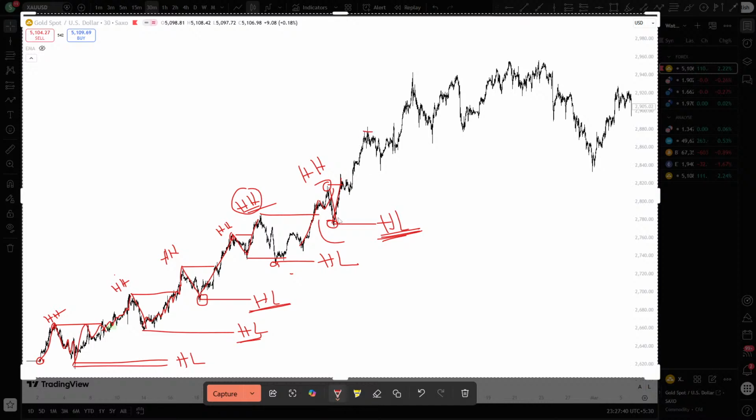The market keeps on pushing, and it gives us this new higher high. After giving us this new higher high, the market gives us a pullback, and we are expecting this higher low to hold for the market to continue pushing up. And what happens?